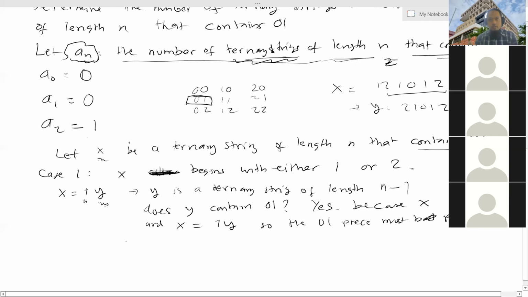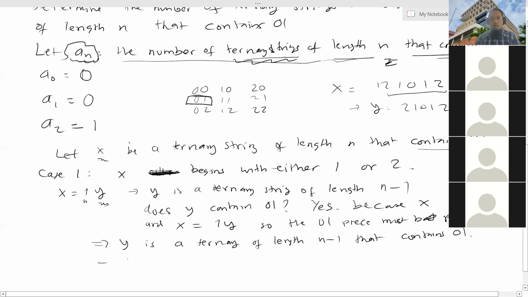So that means y is a ternary string of length n minus 1 that contains 01.